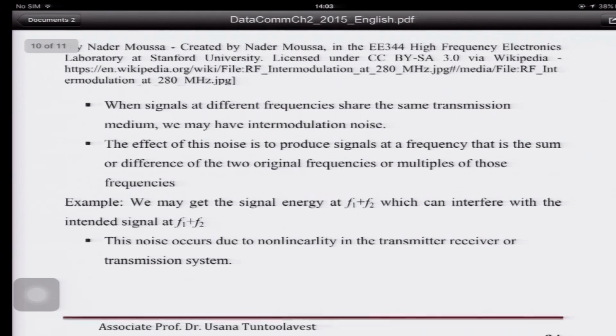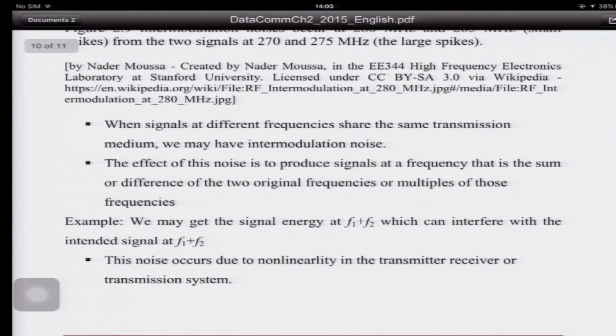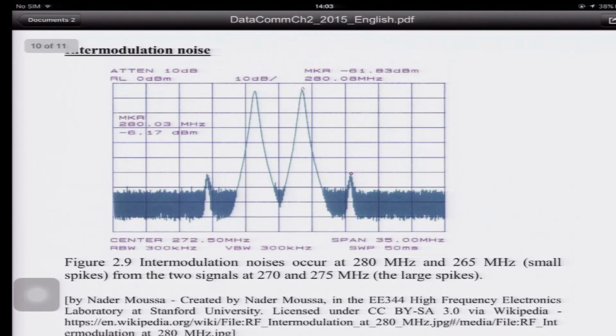So if you want to send another signal at 280 megahertz, it will be interfered with by this small spike here. If you want to send another one at 265, it is also interfered with by this small spike.